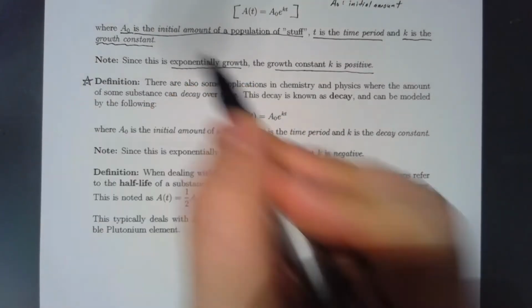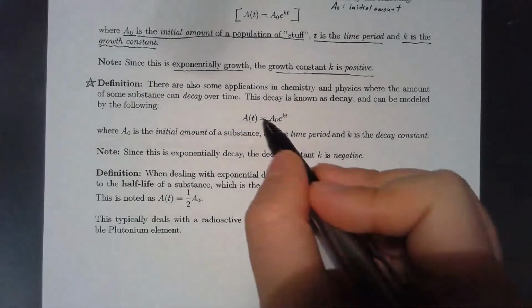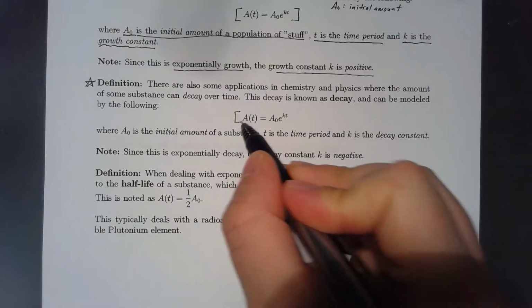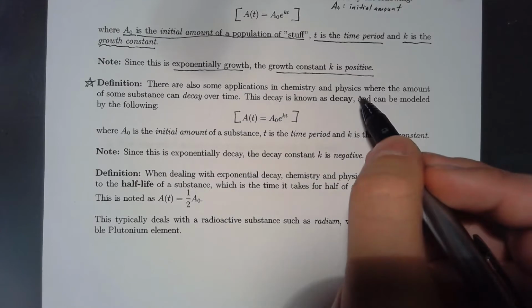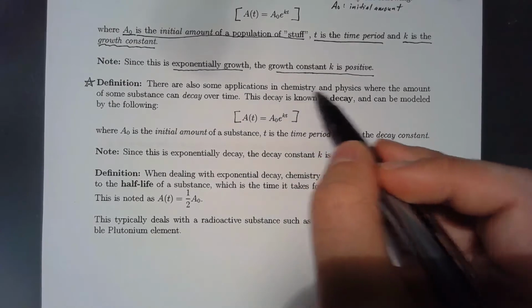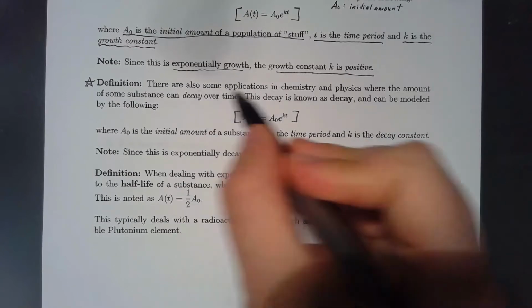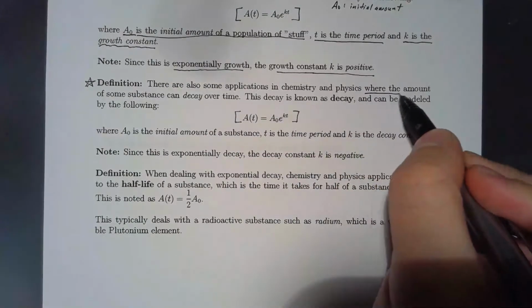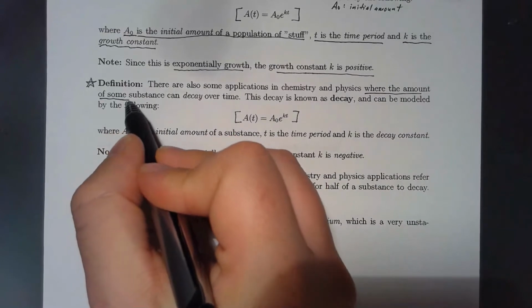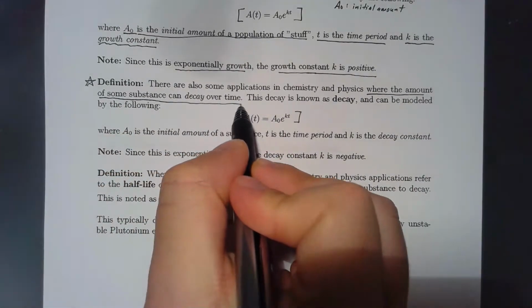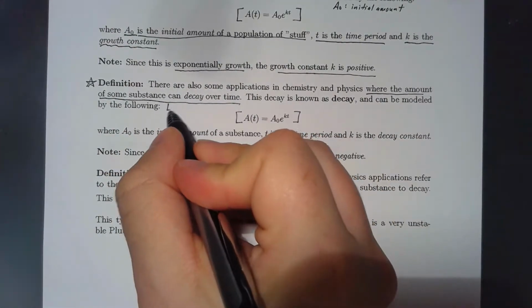In some applications, this is the exact same model as above, but sometimes there's not only exponential growth, but exponential decay. So in chemistry and physics, the amount of some substance can decay over time, like radioactive decay.